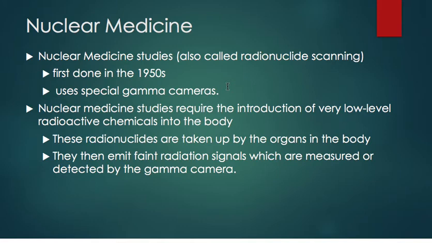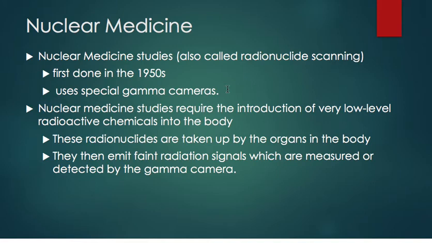With X-ray and CT, they use radiation to get the images. With nuclear medicine, it's gamma cameras that are used. The actual machine, the cameras, aren't emitting radiation. What they do is put very low levels of radioactive chemicals into the patient's body.